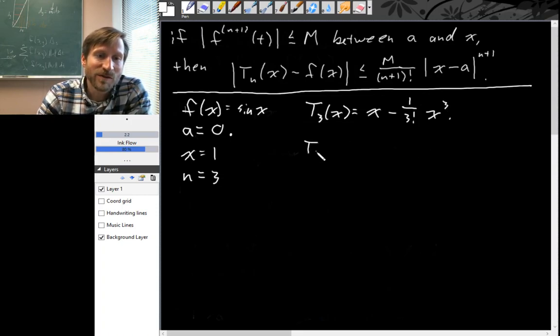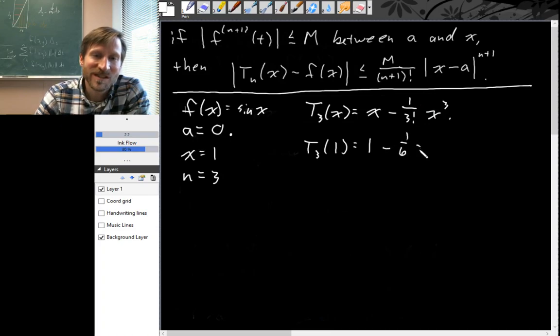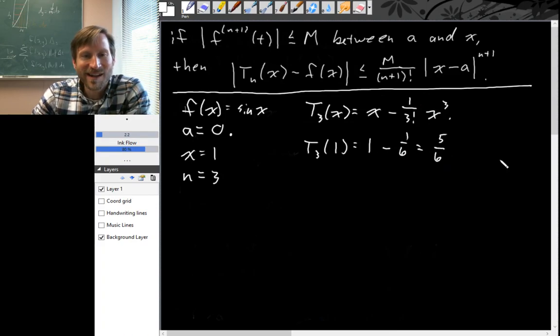So the actual value that this Taylor polynomial produces when we put in 1 is 1 minus 1 over 3 factorial, which is 6, so 5 over 6. Okay, but 1 is not a nice input for sine. It's an extremely bad input for sine. So we wouldn't know before now how far off this 5 over 6 actually is.